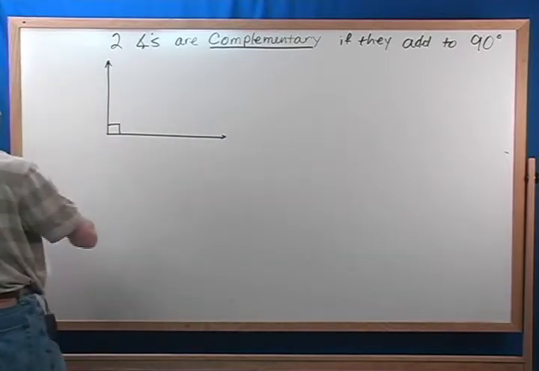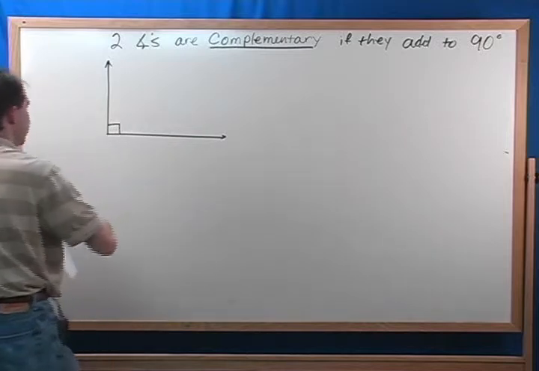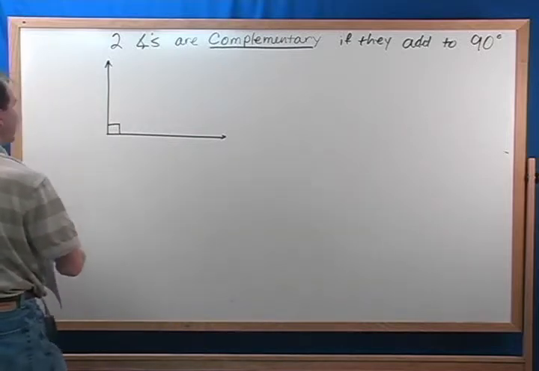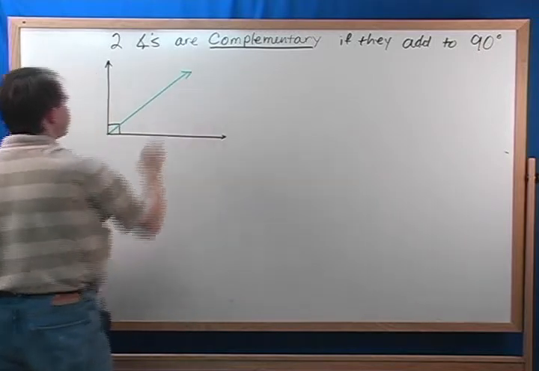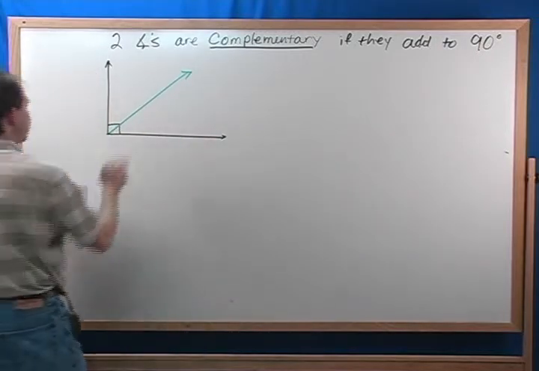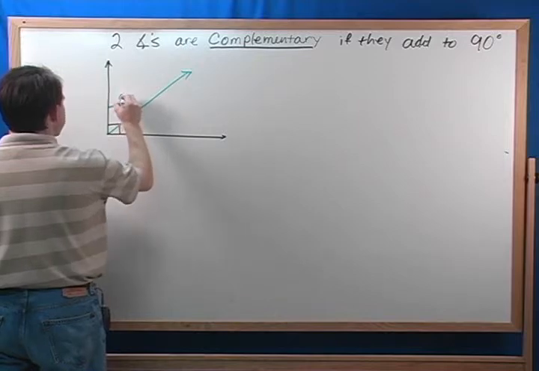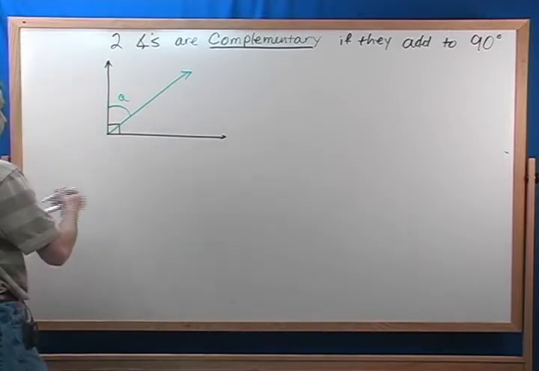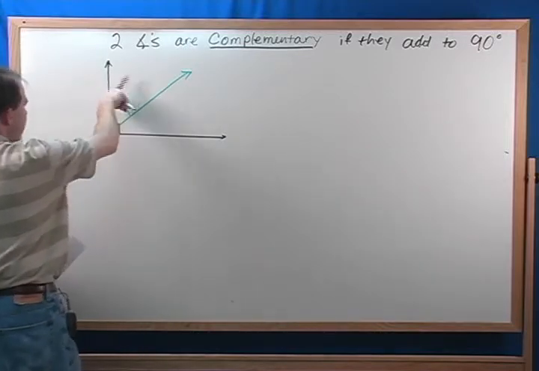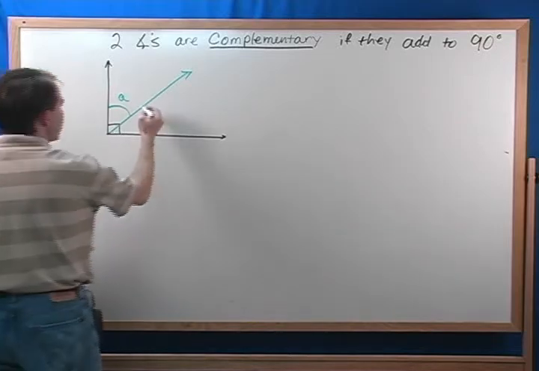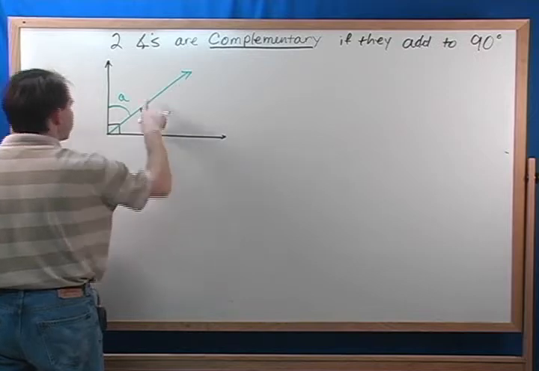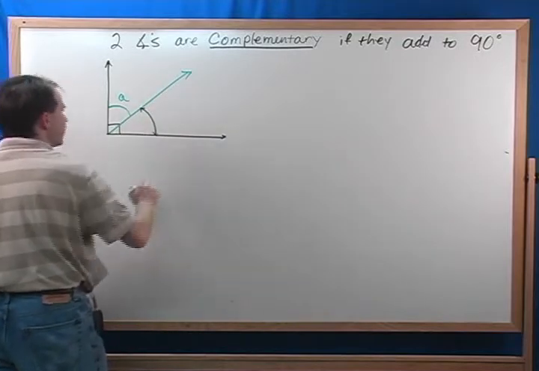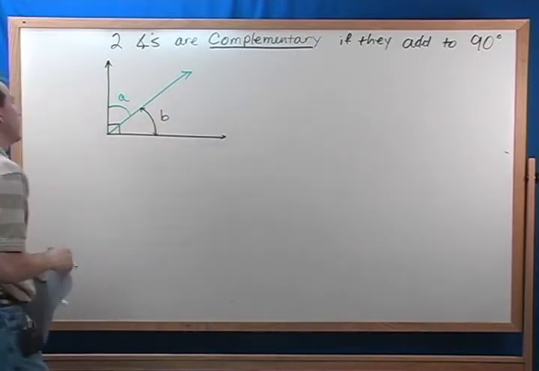Now let's split this angle up into two smaller angles, and I'm going to use a different color here, like this. So now you have angle A, between this ray and this ray. And you also have another angle, like this, from this middle ray to this bottom ray, and we're going to say that that angle is B.